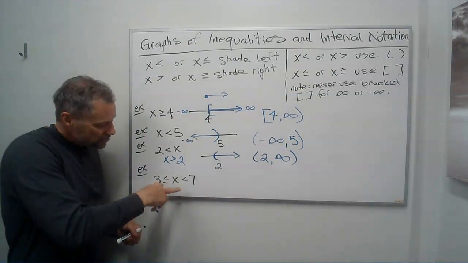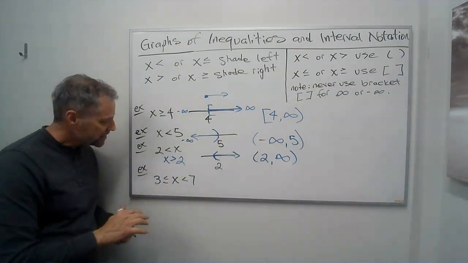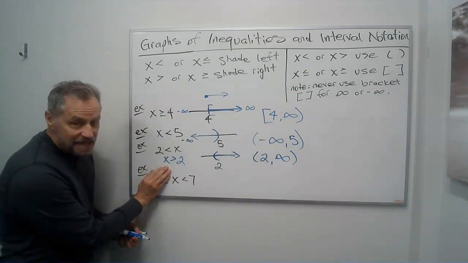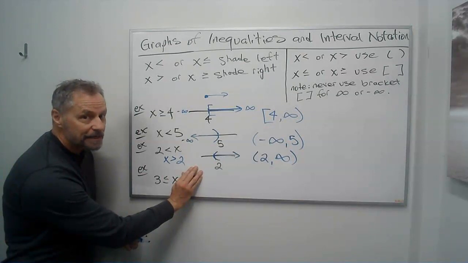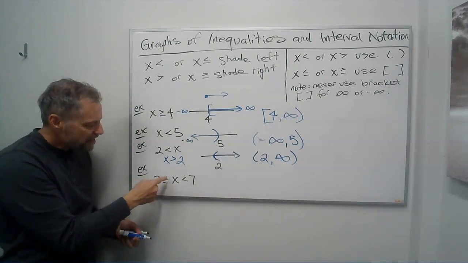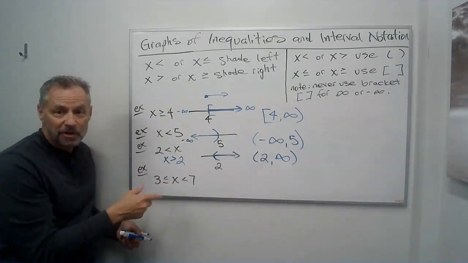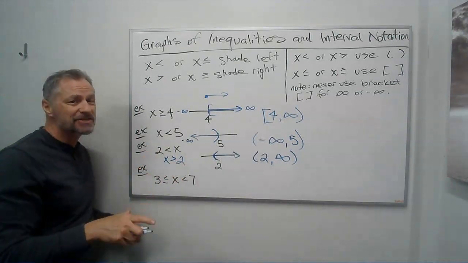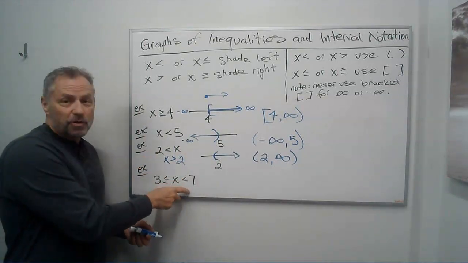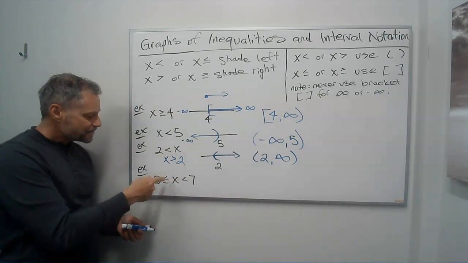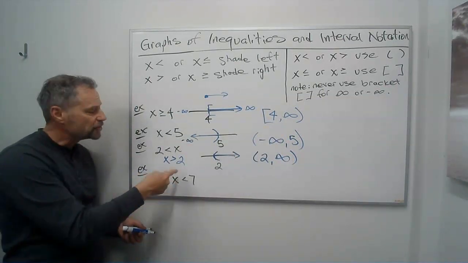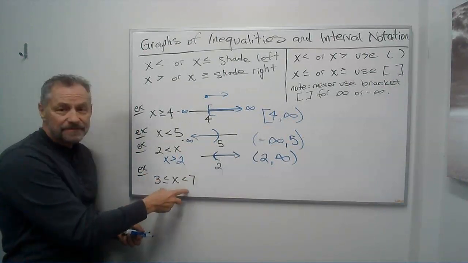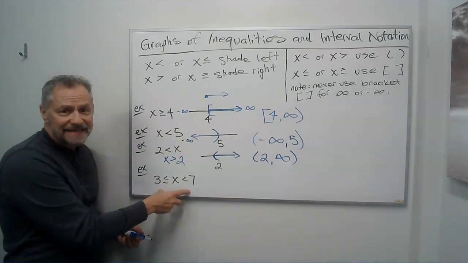And this one, it's called a compound inequality. It's 2 inequalities in one. One is saying x is less than 7. But this one is saying x is greater than or equal to 3. Well, we put it this way. Notice they're both pointing in the same direction. They have to be pointing in the same direction in order to write it as a compound inequality. Because this says x is greater than or equal to this one. This one says it's less than that. I just look at it as, oh, it's between these two numbers.